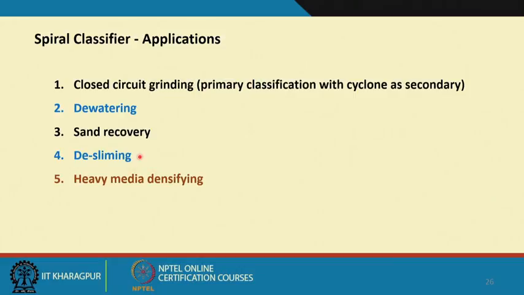We have already discussed dewatering, that is, solid-liquid separation; sand recovery, that is, I have sand and clay material, and I can recover this sand; disliming, that is, removal of clay materials; and heavy media densifying. Many times we use magnetite particles for, say, coal preparation processes, which we will not discuss in this course.